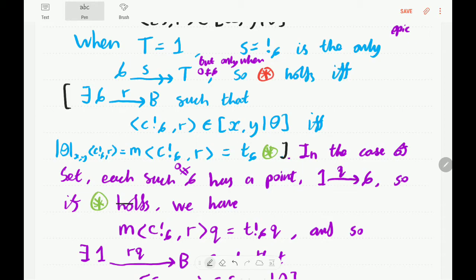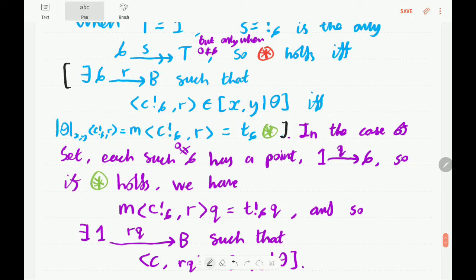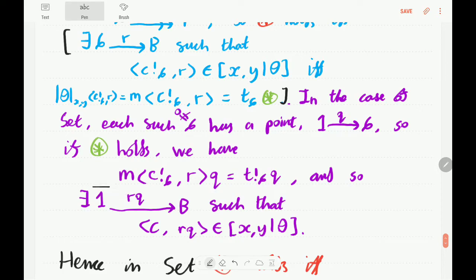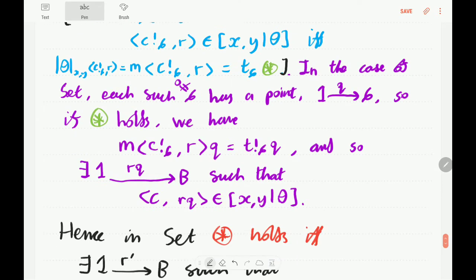And so if this statement green star holds, statement up here, then we have that m of C exclamation mark zeta comma R after q equals T exclamation mark zeta q. And so there exists this point RQ of M such that C comma RQ is in this extension of theta over x and y.